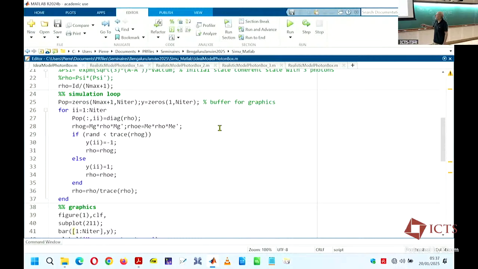If my random number is less than the trace of rho g, which is exactly this thing, then I choose minus 1 and I update to rho g. If it is greater than this one, I use this one, and then I normalize. And let's try to see what's going on if you iterate, typically.